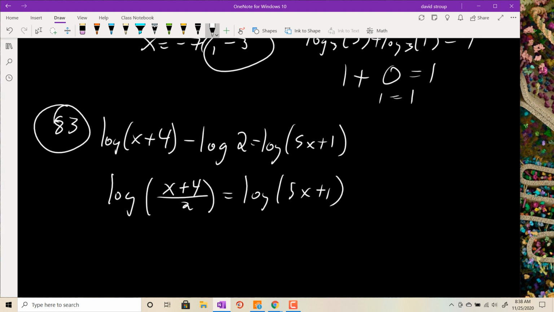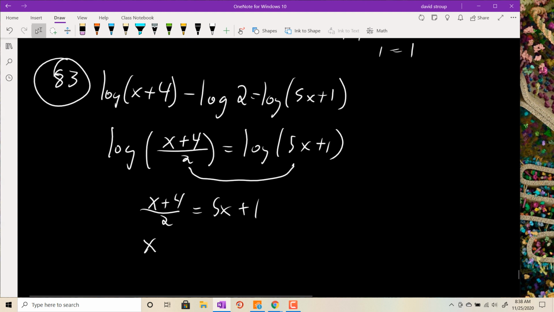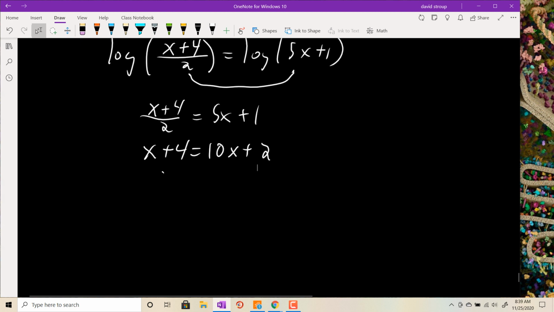If it's in this form, then you could just equate the insides of the logs. Okay, so you get x plus 4 over 2 equals 5x plus 1. Multiply both sides by 2, so you get x plus 4 equals 10x plus 2. And then you could solve for x. So you get 9x equals apparently 2, and then x equals 2/9.